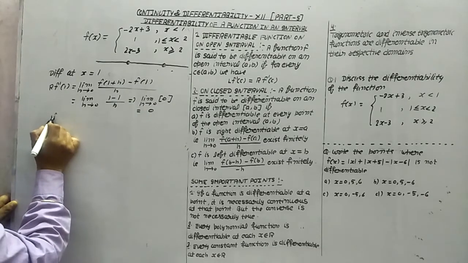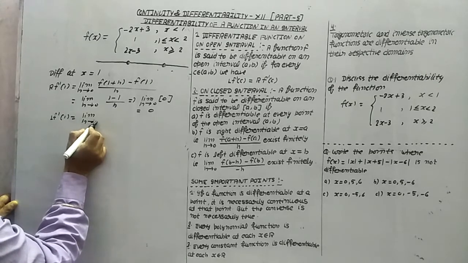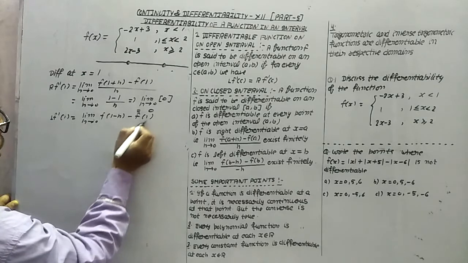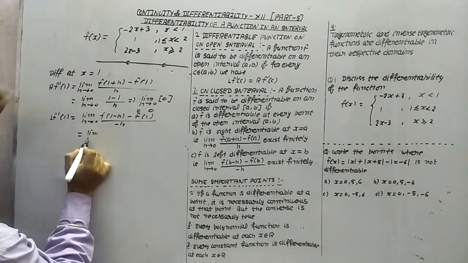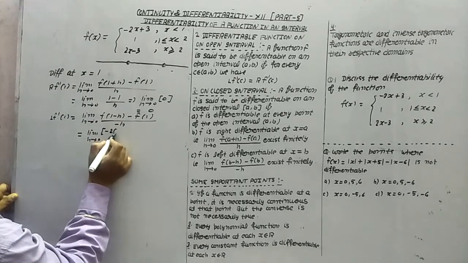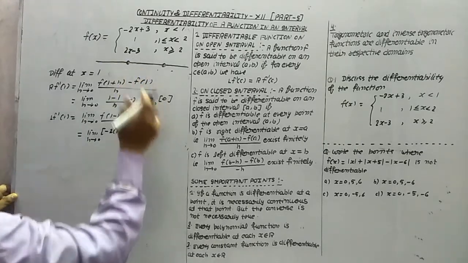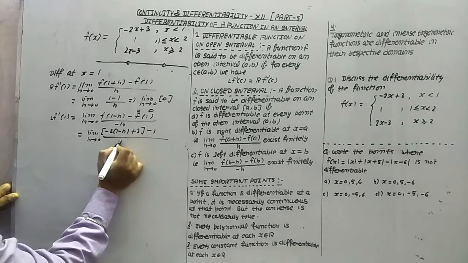Now left hand derivative: limit h tends to 0 of f(1 minus h) minus f(1) upon minus h. f(1 minus h) is minus 2 into (1 minus h) plus 3, and f(1) is 1, upon minus h.